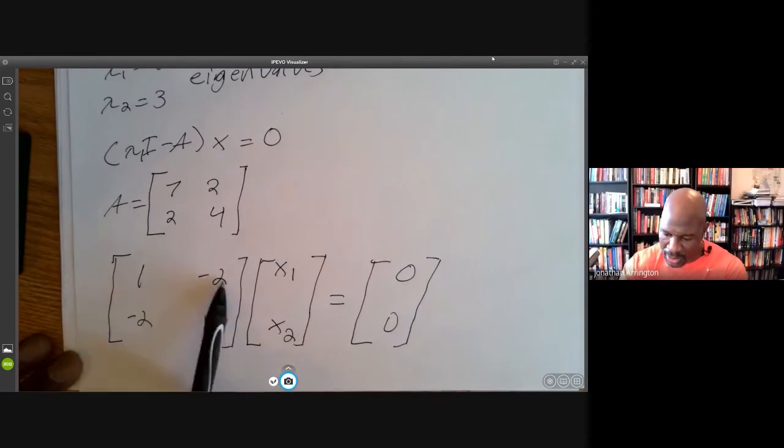I'm going to multiply. So when we multiply matrices, this is a vector, but it's a column vector, which is also a matrix. So we just multiply row by column. So 1 times x1, negative 2 times x2, and that should equal 0.